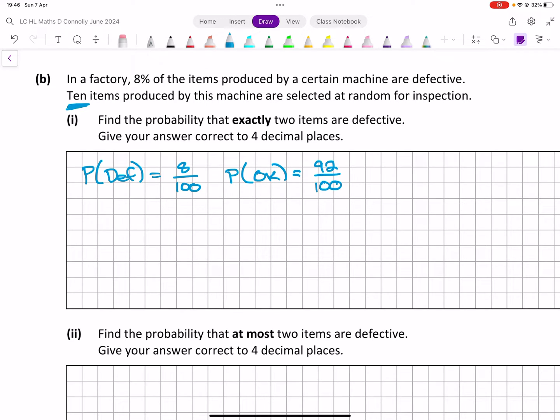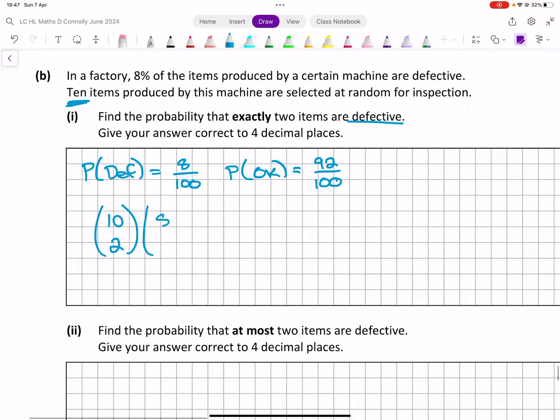Exactly 2. Okay, so we have 10. We're going to choose 2 that are going to be defective. The probability of being defective is 8 out of 100, and we would like 2 of them to be defective. The probability of being okay is 92 out of 100, and we would like 8 of them to be okay.